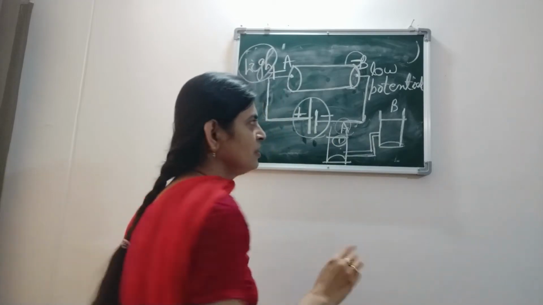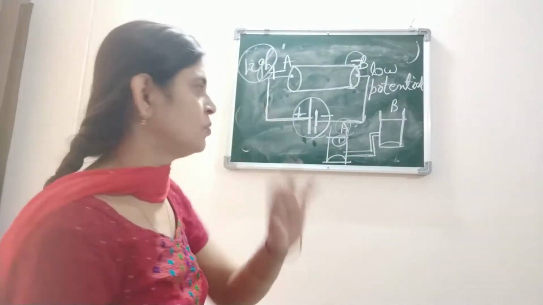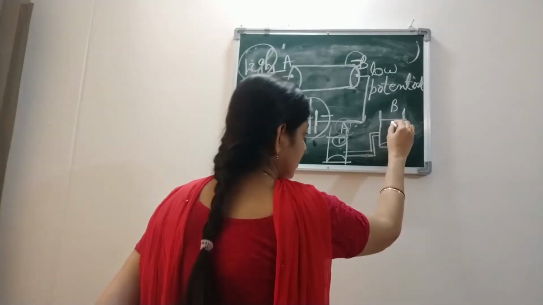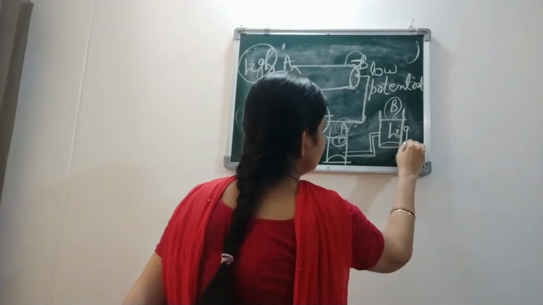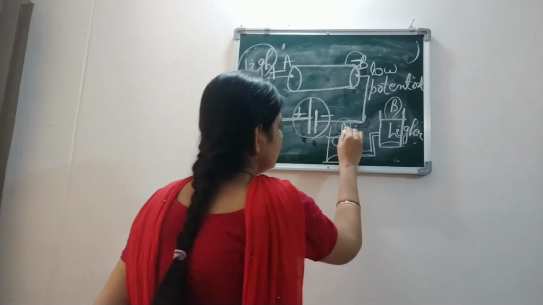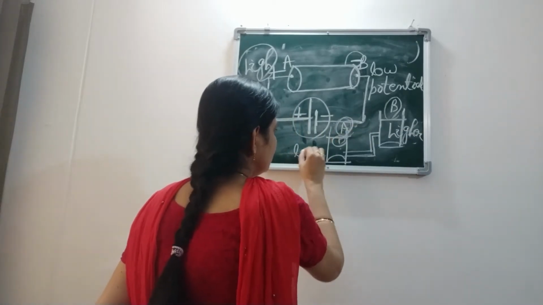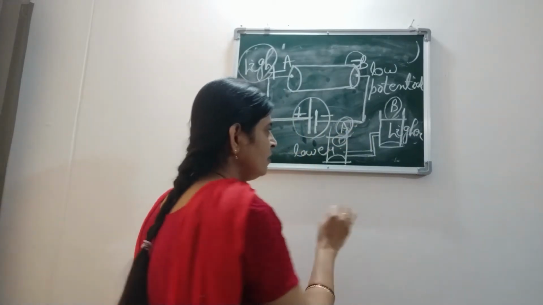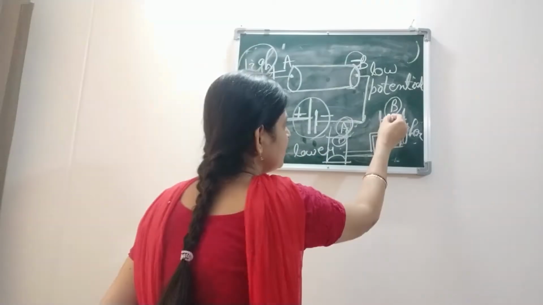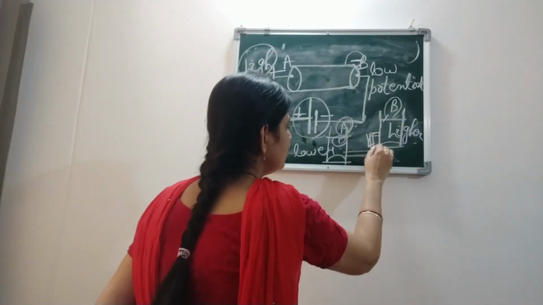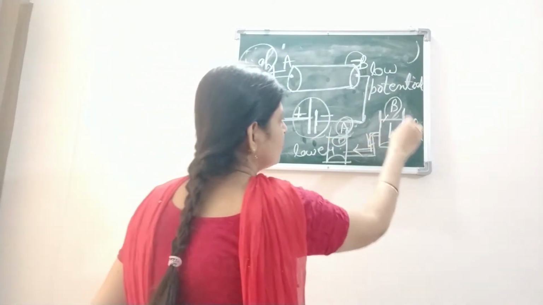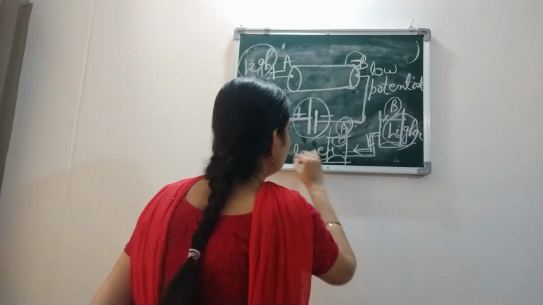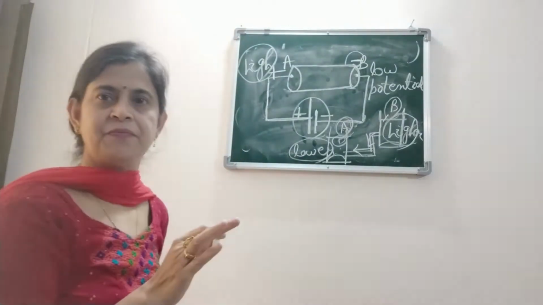Then you can clearly observe the potential of B is higher and the potential of A is lower. Then water will flow from beaker B to beaker A. That means the water will flow from higher potential to lower potential.